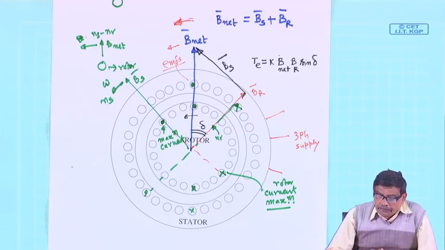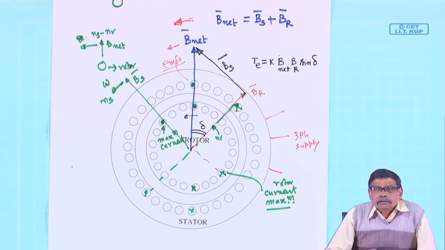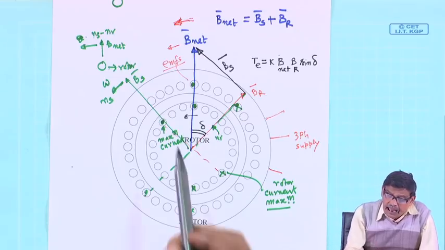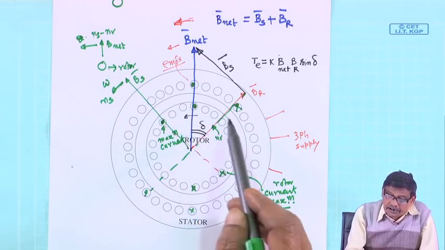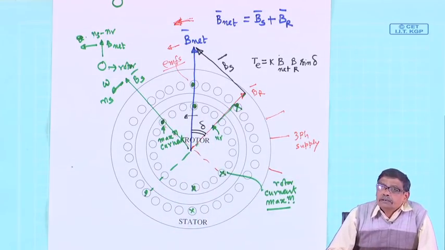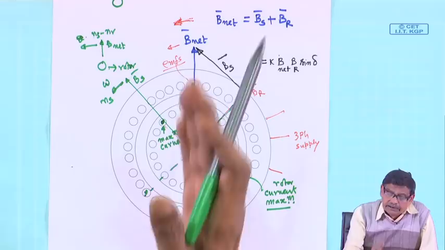If the rotor was stationary and you close the rotor circuit at t equal to 0, at t equal to 0 plus everything is stationary, but both the fields are moving with synchronous speed. As time passes, the rotor moves with speed nr, then also a steady torque will be produced, because the angle between these two fields Br and Bs will be time invariant, and you will get torque.